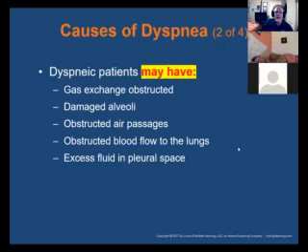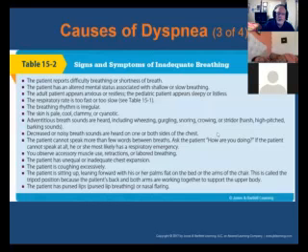Could be obstructed airway passages from the old reactive airway disease that I was talking about. Bronchioles are constricted because of asthma. Then poor blood flow to the lungs, right? We have obstructed blood flow going to the lungs, that pulmonary embolism that I mentioned. Talk more about those in a little bit. And then excess fluid in the pleural space.